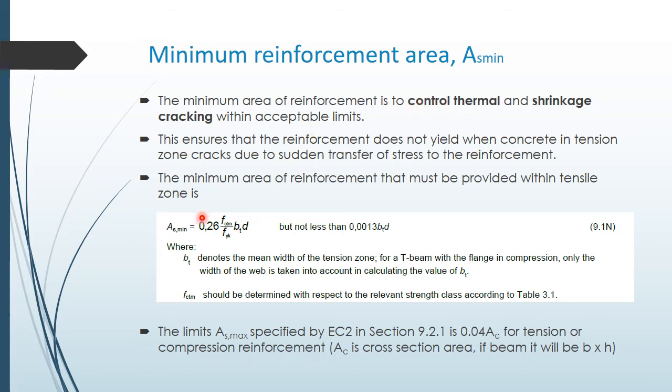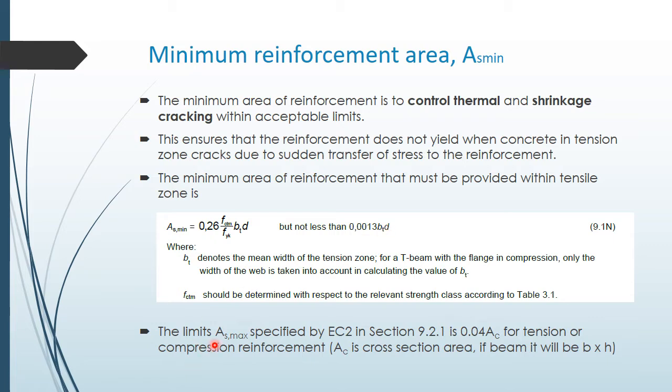The formula to calculate As,min is 0.26 fctm divided by fyk times b times d. b is the breadth of our beam, d is the depth of our beam, fctm is the tensile strength according to Table 3.1. This should not be less than 0.0013 b d.